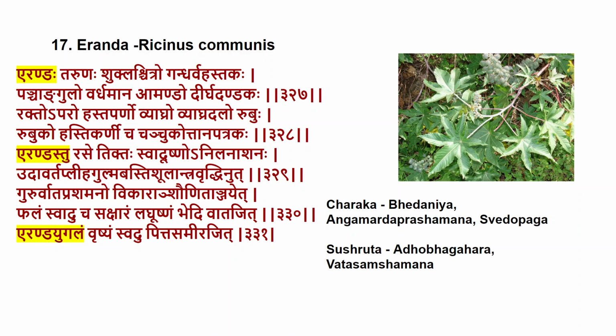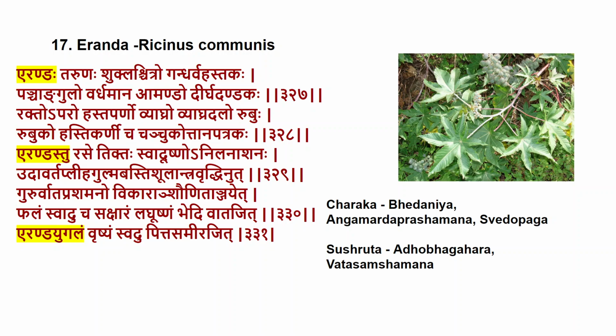Now, Erandastu Rasetitah Swadu Ushno Anilanashana Udavarta Priha Gulma Basti Shulantra Vurdhinata Guru Vata Prashamana Vikaran Shonitan Jayat Palam Swadja Sakshuram Laghustam Bhedi Vatajita. Now, Eranda Mula and Eranda Phala, these have different properties. The Eranda Mula and Patra, they are Tikta Rasa and Madhura Rasa together, Ushna Virya and Vatahara, Udavarta Priha, etc. Whereas the Eranda Phala is a Guru Swadu Saksharamtya.